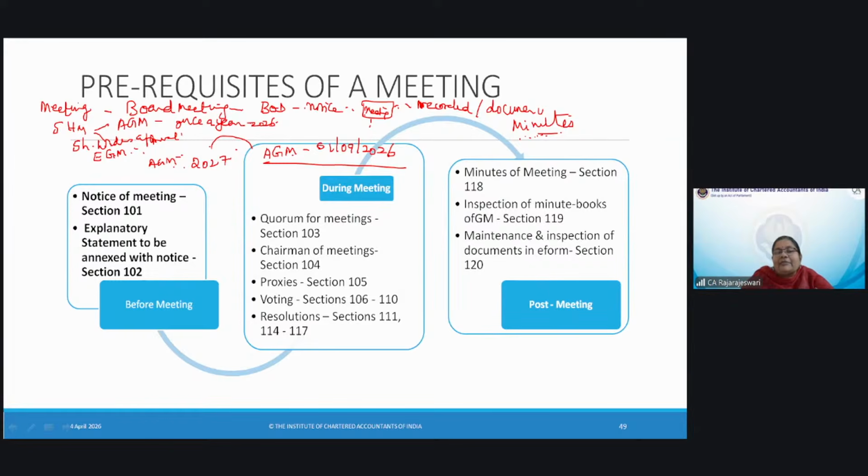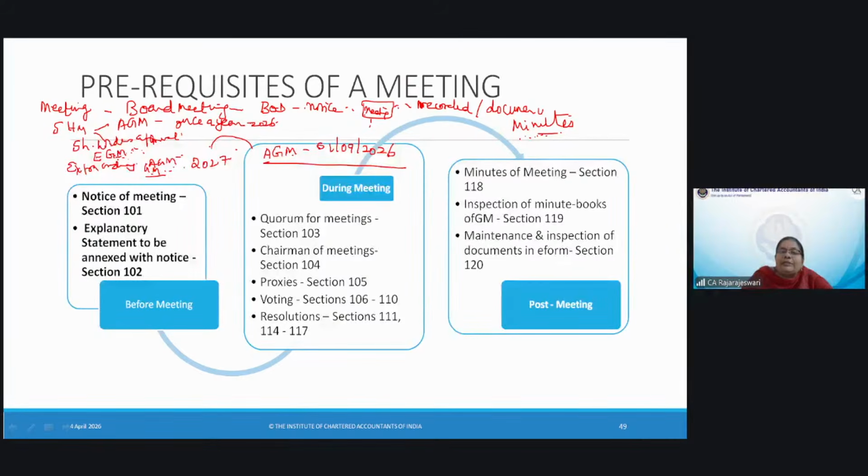The business is very urgent, very important. Then the board can do it, or even the shareholders themselves can requisition an EGM. That you call an extraordinary general meeting for immediate transaction of business. So these are the different types of meeting that are generally held: AGM, EGM.